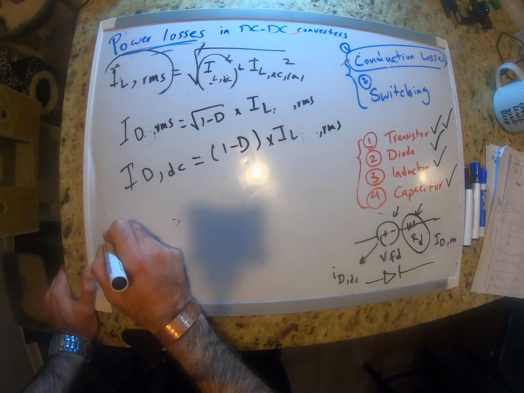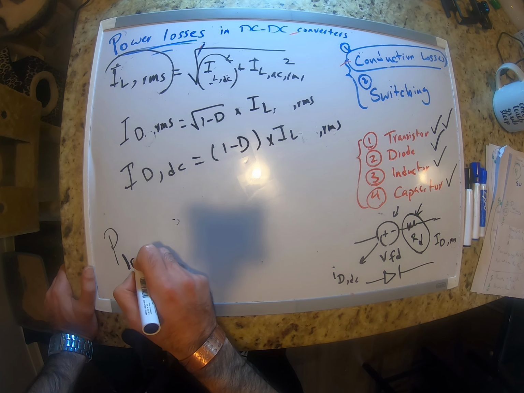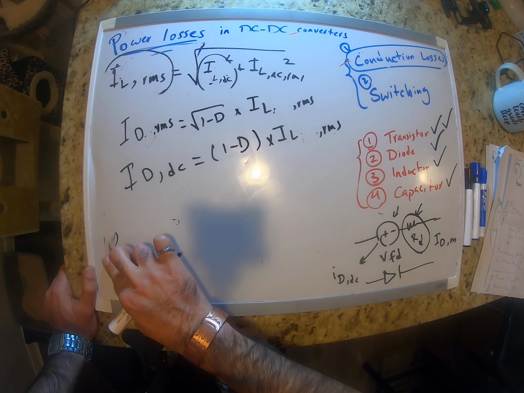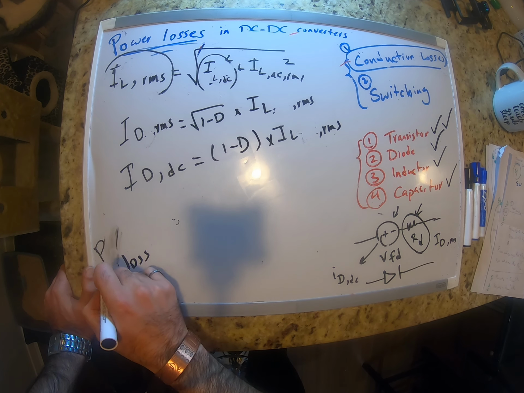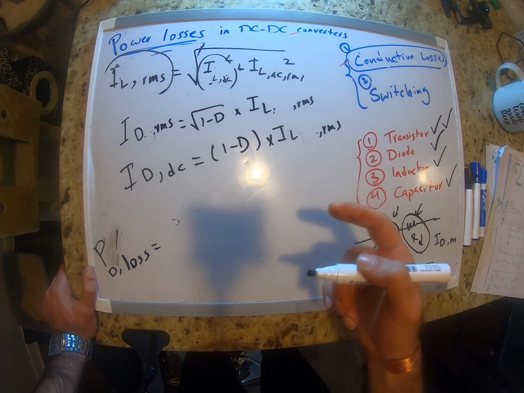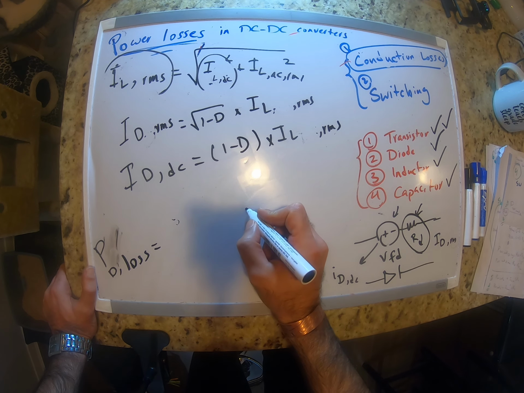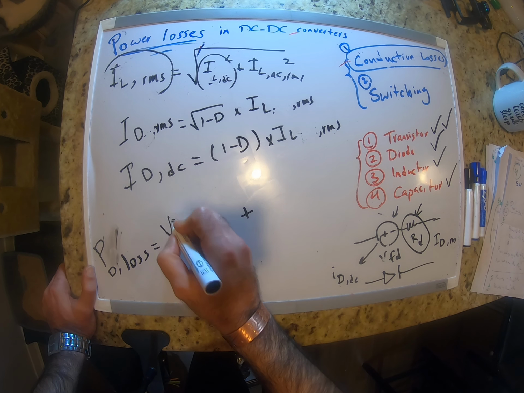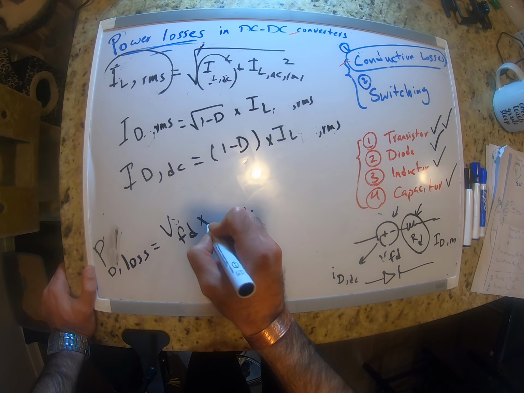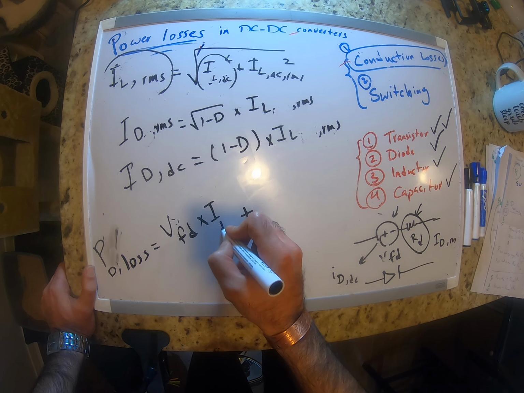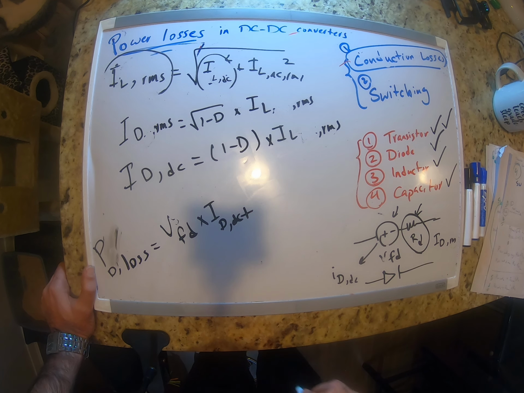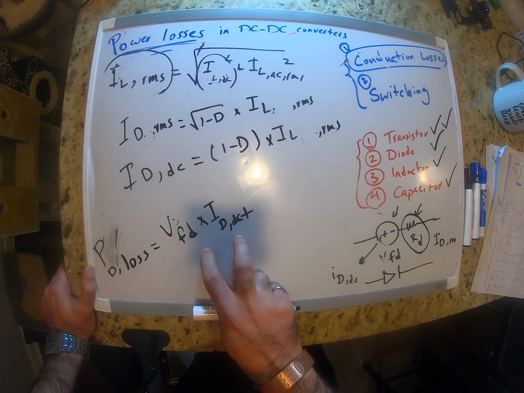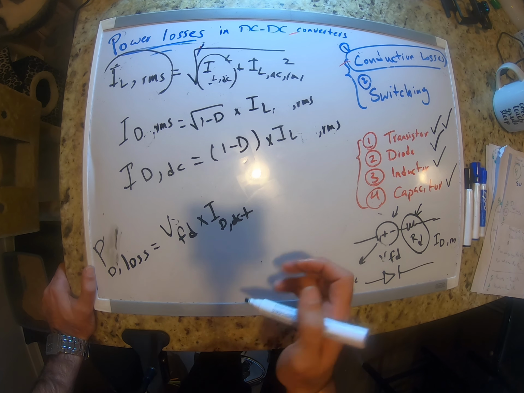Then the conduction losses of the diode, let me write down P sub D losses. It has two parts. One part, because of the forward bias, is VFD times ID DC. Because this is a DC voltage, only the DC value causes a loss here, right?